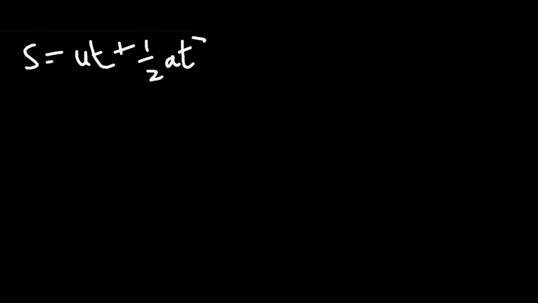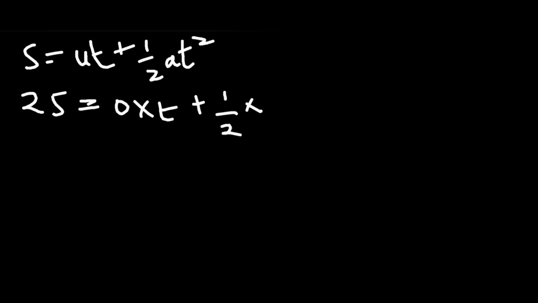Thus, substituting the parameters in S equals UT plus half AT square, we shall have that 25 will be equal to 0 times T plus half multiplied by 0.5, which can be written as 5 divided by 10, multiplied by T squared.